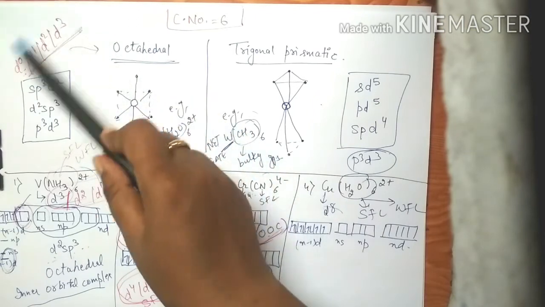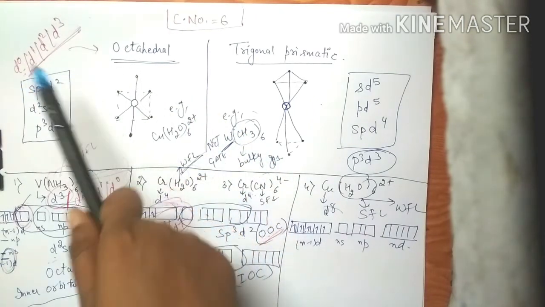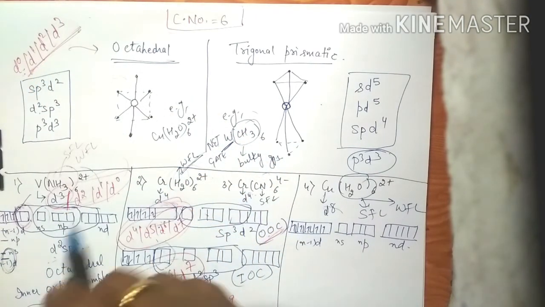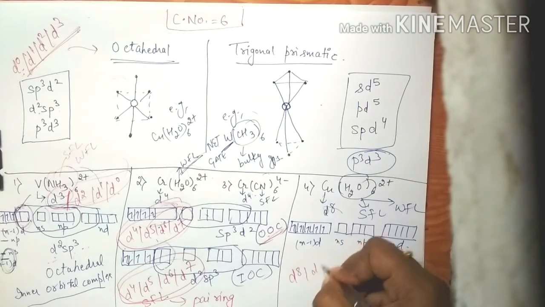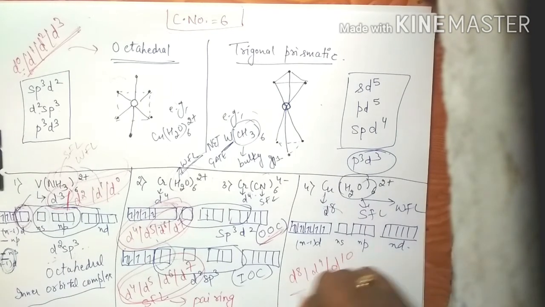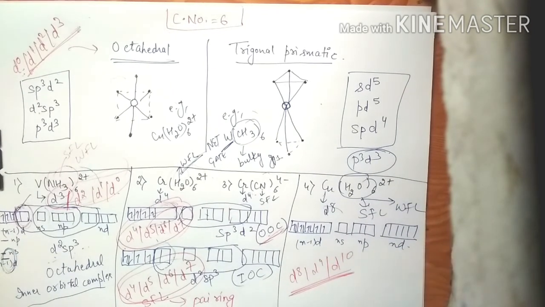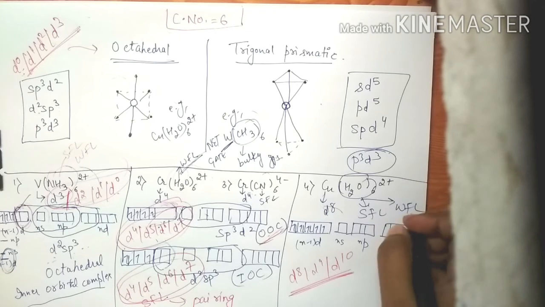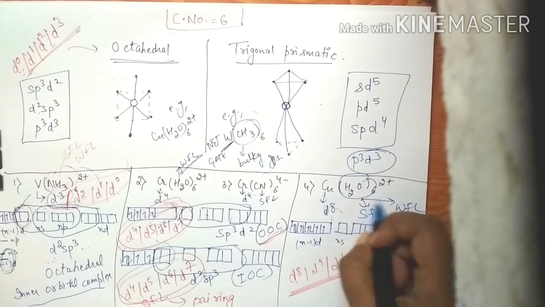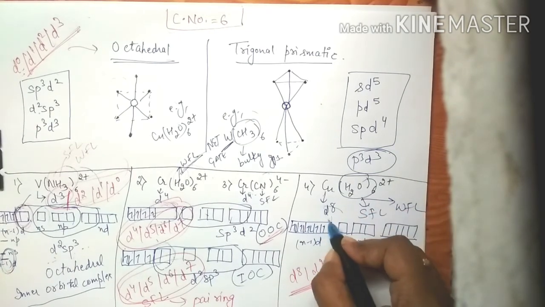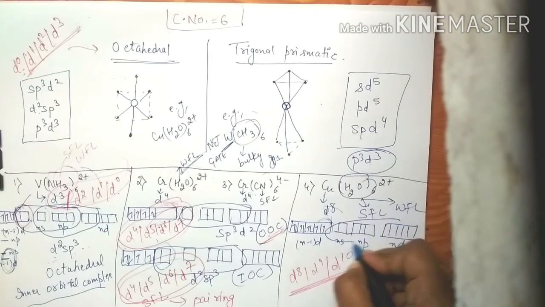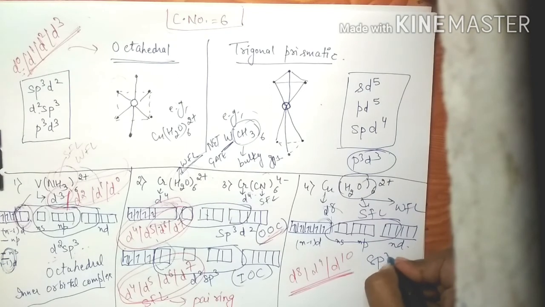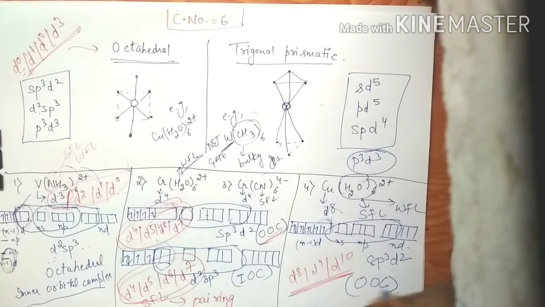In cases like d8, d9 and d10, we need not look at the ligand, because even if pairing happens, we will not be able to get 2 inner d orbitals for hybridization. So here also sp3d2 hybridization will take place and we will have outer orbital complexes.